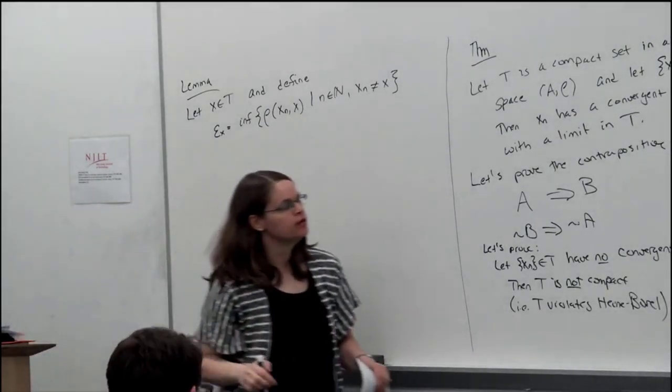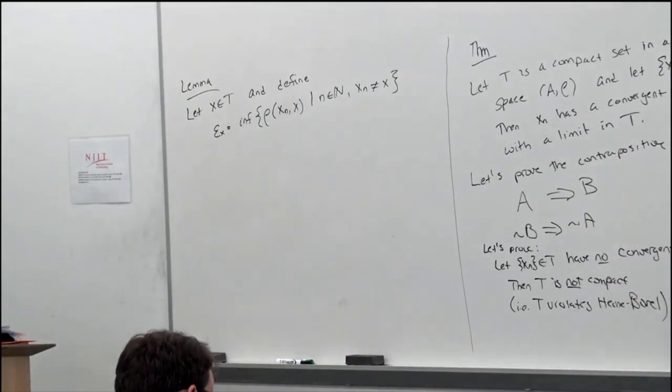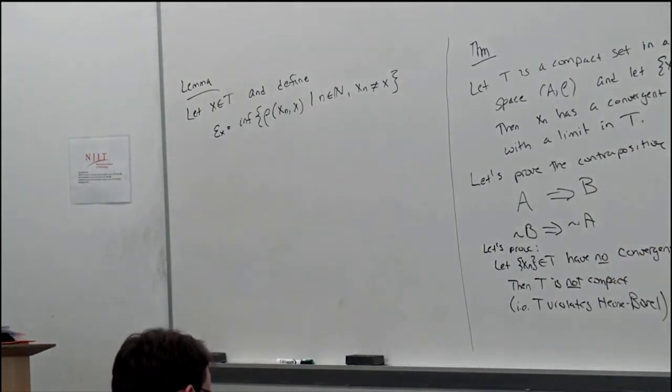So what is this doing? This is taking a generic point over here. Let me call it X to match what I wrote over there. This point is not necessarily in my sequence. It might be or it might not be, but it's just a generic point in my set.